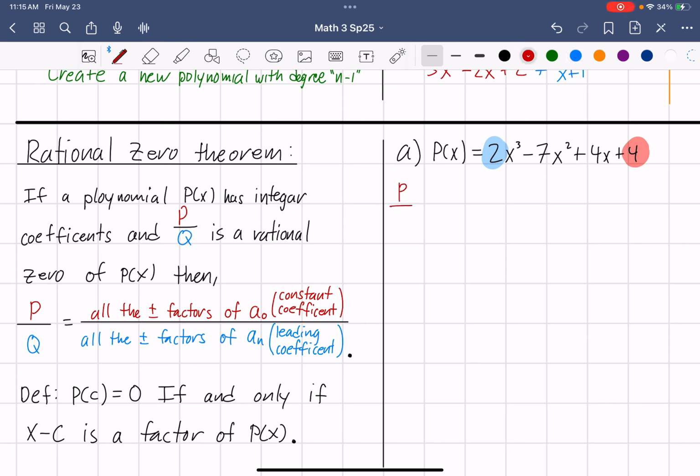The factors of 4 are plus or minus 1, plus or minus 2, and plus or minus 4, right? Those are all the numbers that make up 4. And then I have my q, which is plus or minus 1 and plus or minus 2.